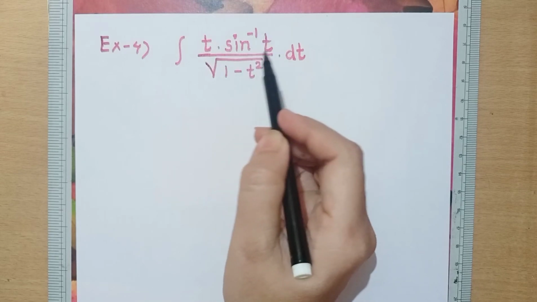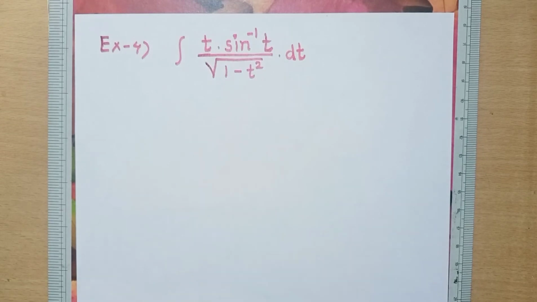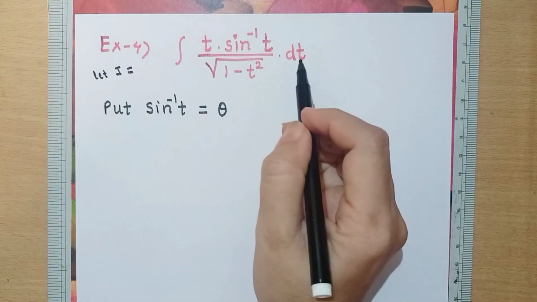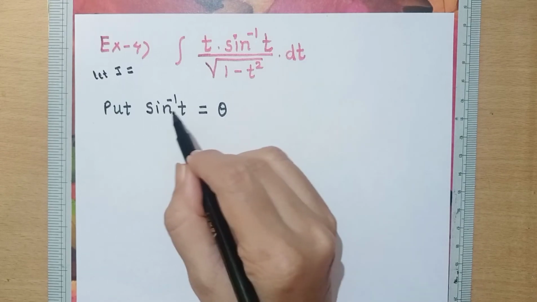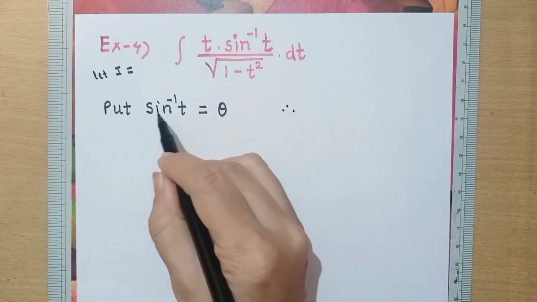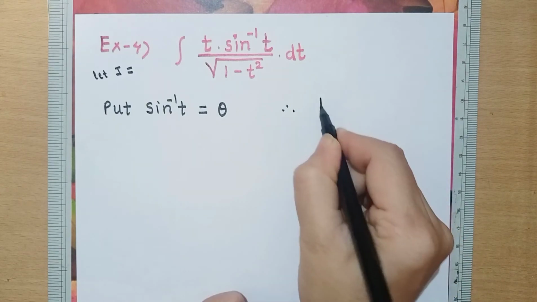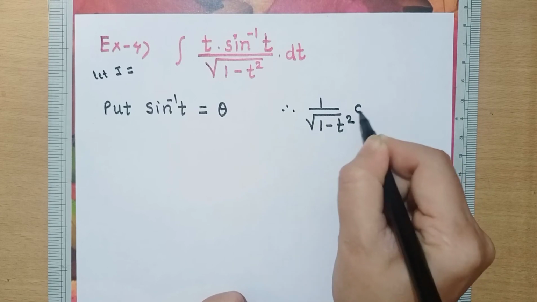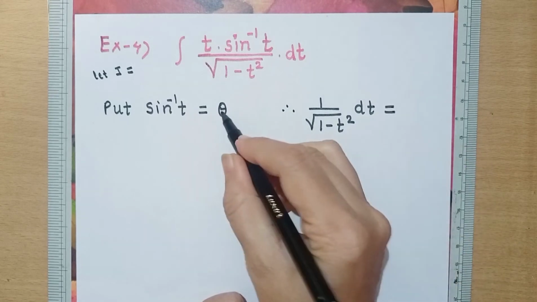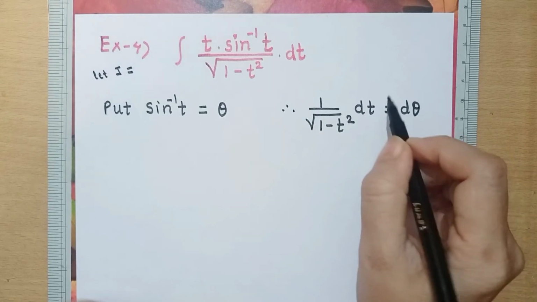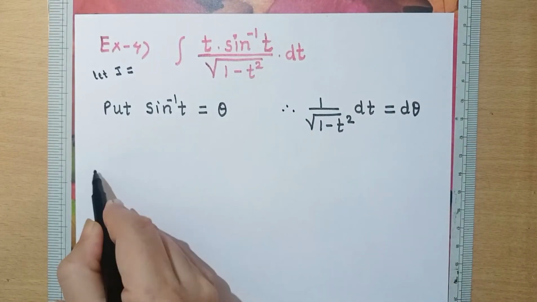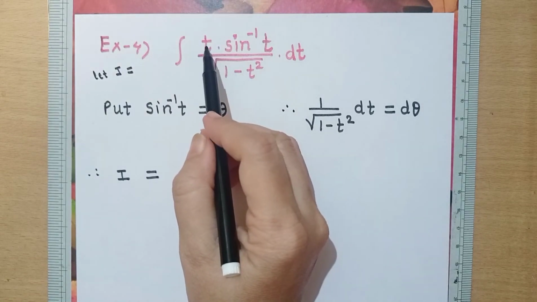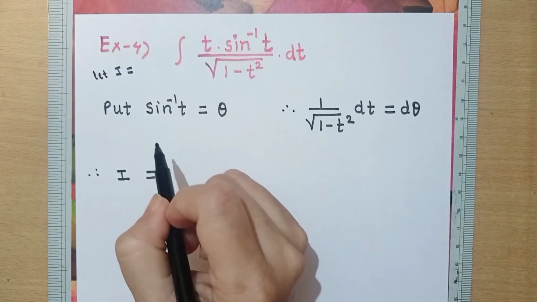So assume this sine inverse t as some angle theta. So this is equal to theta. Now we have to replace dt also. So differentiate this. Therefore derivative of sine inverse t is 1 upon under root 1 minus t square into dt equal to d theta. Now we will substitute these two things here, and therefore I is equal to, now check, we have to replace this t also in terms of theta.